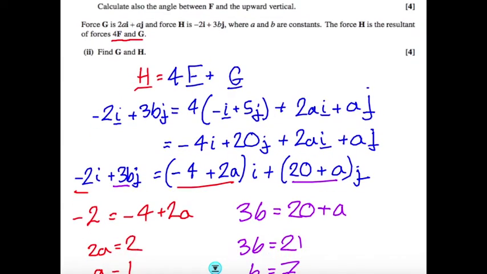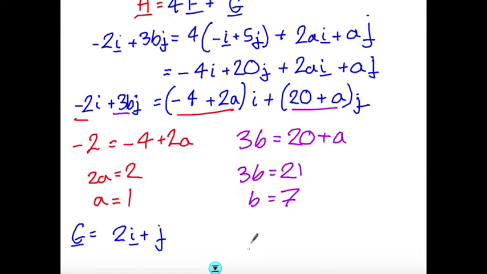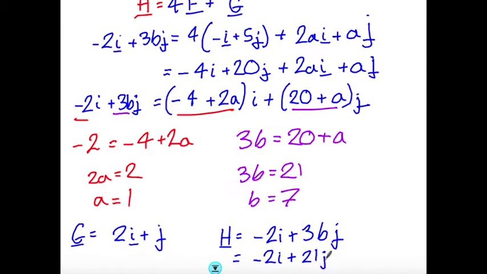Right, good. H is minus 2i plus 3bj. And we know now that b is 7, so this is going to be minus 2i plus 21j. Right, so let's just double check that.